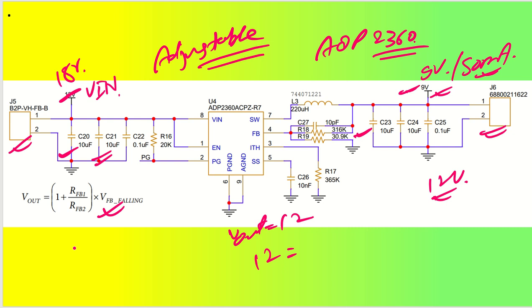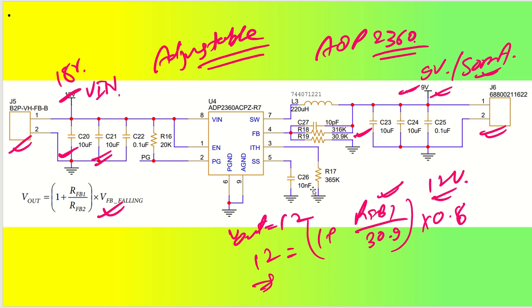So in that case 12 is equal to 1 plus RFB1, which I'll keep as to be calculated, and RFB2 I'll just use 30.9 kilo ohm, right, multiplied by 0.8, which is VFB falling, okay. And in that case you can calculate the particular value of RFB1 to get your 12 volt output at this particular place, right? And you can utilize the same inductor, that is not a problem, it will give you a proper output at all.